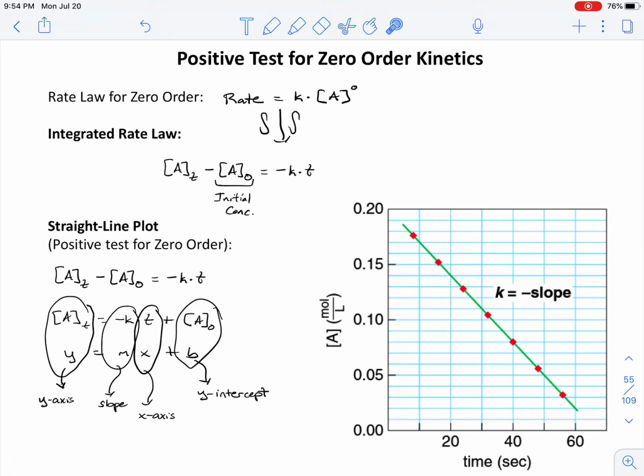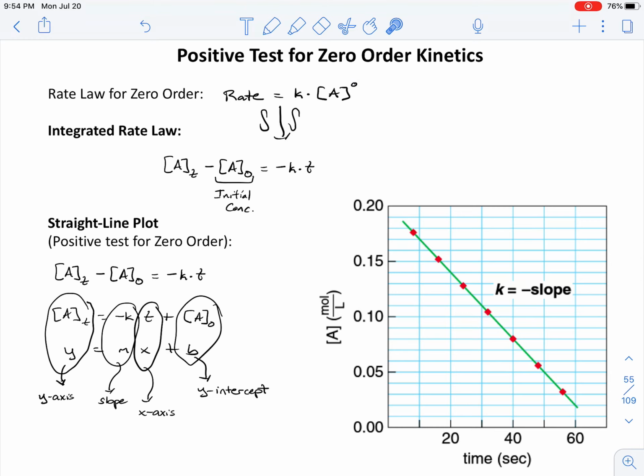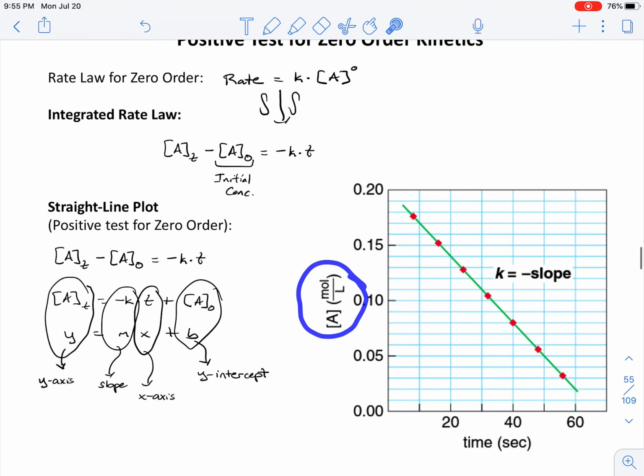If you want to determine if the chemical reaction is undergoing zero order kinetics, you plot the concentration of that reactant against time. In other words, there is no manipulation of the concentration values.